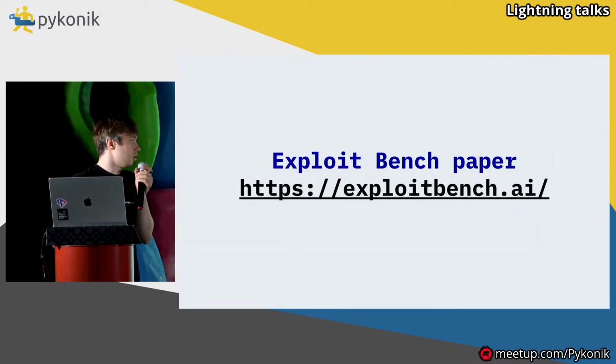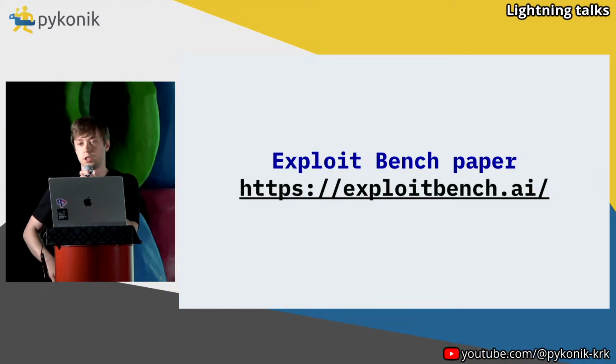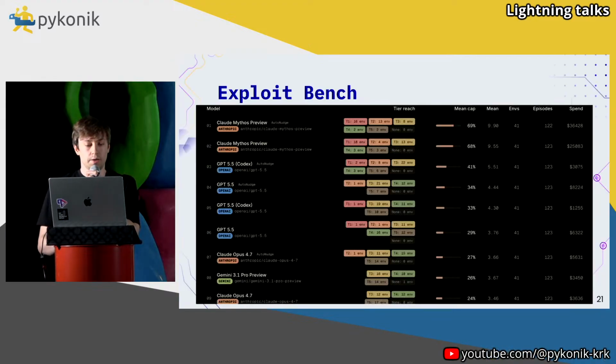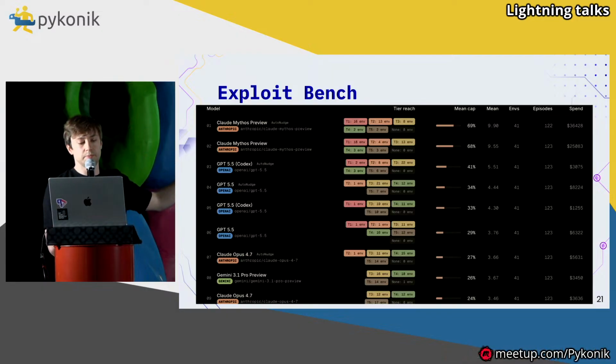What I also wanted to show you is there is an ExploitBench paper, some kind of white paper some people did about how good different models are at exploiting vulnerabilities. So there is some kind of comparison. I don't really know what that "cap" here means, but basically, they compared the Mythos preview to GPT 5.5 and other models.